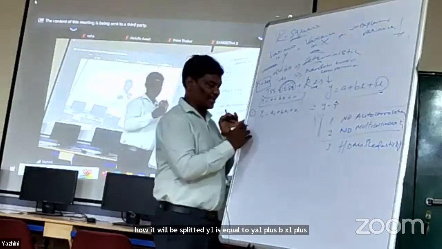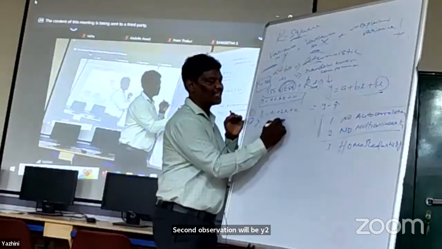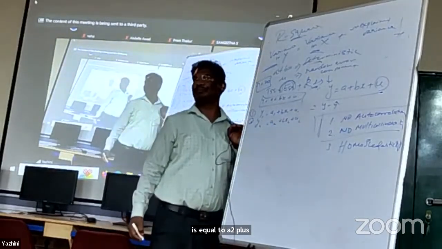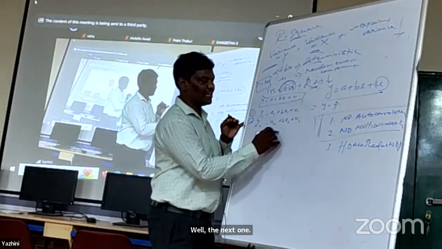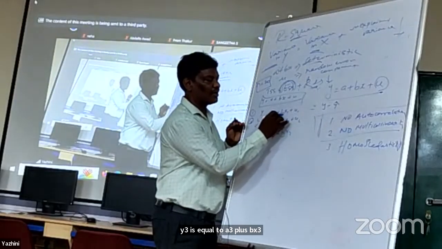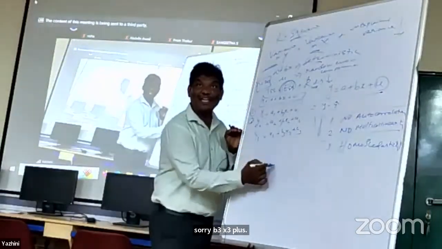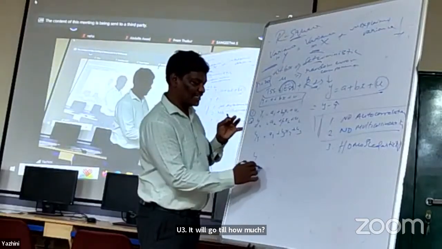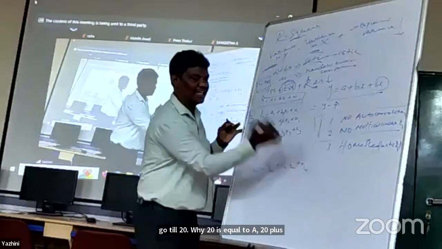The second observation will be Y2 is equal to A2 plus B2X2 plus U2. Then Y3 is equal to A3 plus B3X3 plus U3. It will go till 20. Y20 is equal to A20 plus B20X20 plus U20.